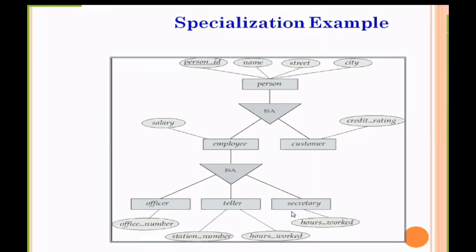And if we combine all the common features of employee and customer entity sets and make one general entity set, that is nothing but person, it is called generalization. So person ID, name, street, city are the attributes which are general, and which will be in both the employee as well as the customer class.